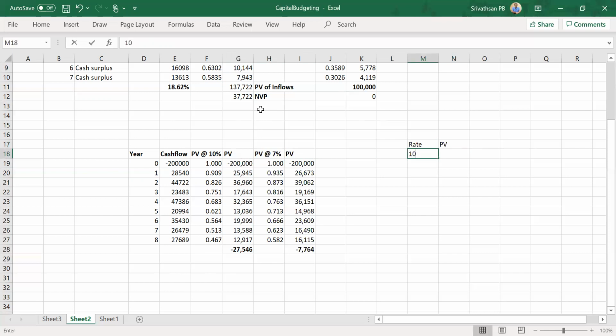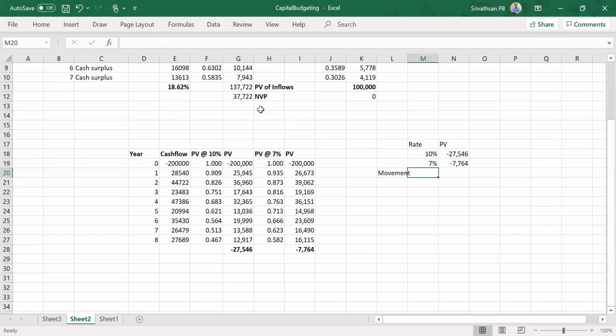So at 10% rate, our PV was 27,000, and then at 7% our PV was 7,000.